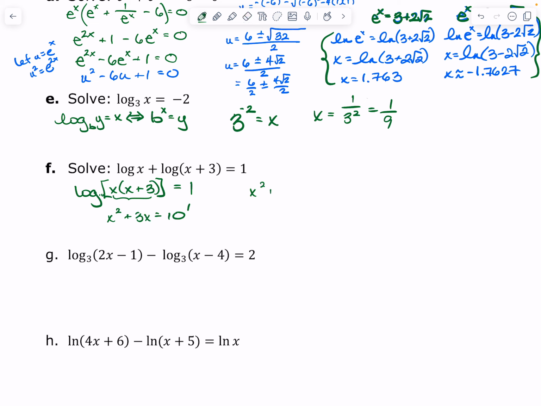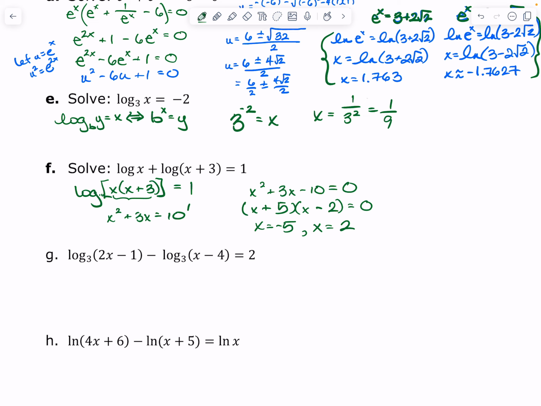So getting everything on the same side by subtracting 10. This one I can factor. Always much better to factor if you are comfortable with it. So I get x equals -5 and x equals 2. Now, here's what we have to check on.